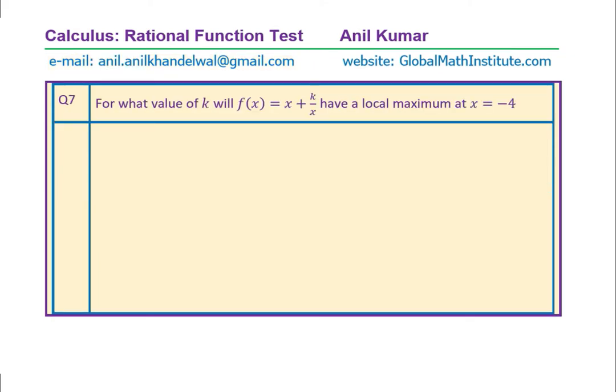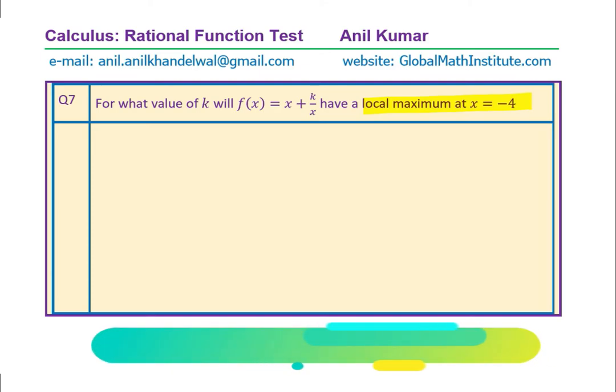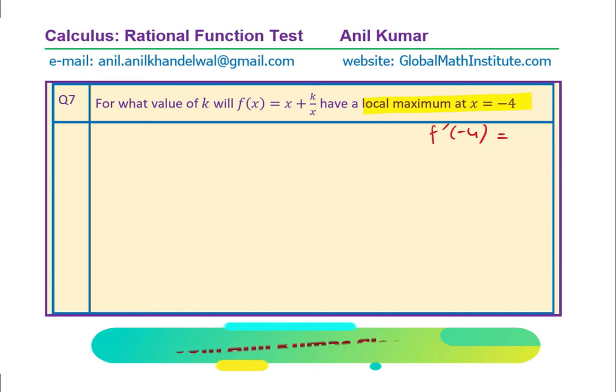Question 7. For what value of k will f of x equals x plus k over x have a local maximum at x equals minus 4? So what does that mean? It really means that the derivative at minus 4 is equal to 0, right?